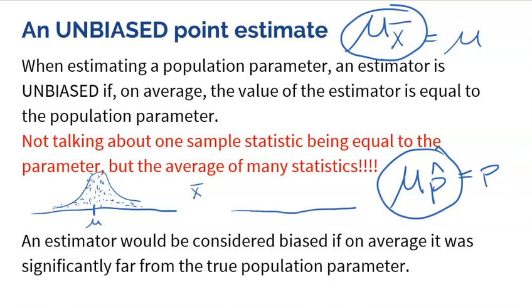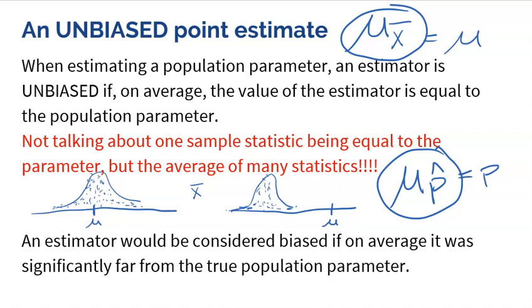But if your truth is over here and your samples stack up over here somewhere, and some are going to be higher, some are going to be lower, but they start stacking up, and again, creating a normal model, they start stacking up somewhere far from the truth, well, then that means you're biased. Something about your samples is biased. Like maybe it was not random.